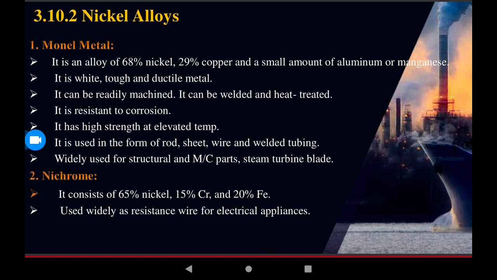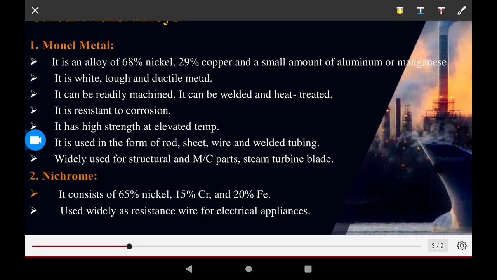Nickel alloy. The first alloy is Monel metal. What is Monel metal?